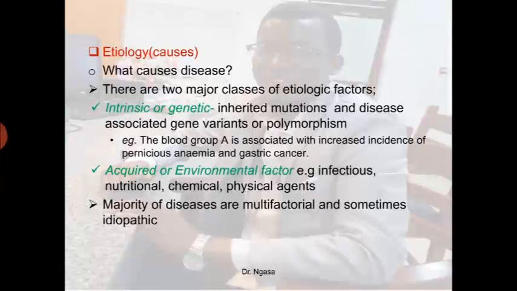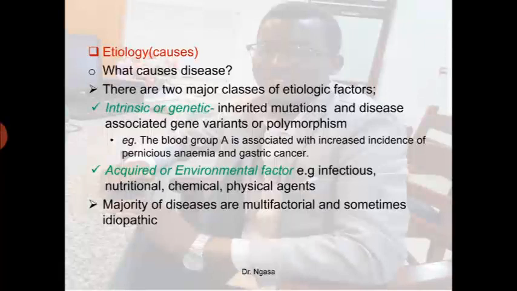Another class of etiological factor is the acquired or environmental factor. These are the factors which are external to the body or to an individual, and they can be infectious, nutritional, chemical, or physical agents. So these agents may cause the development of a disease in the body. Generally, the majority of diseases are multifactorial.